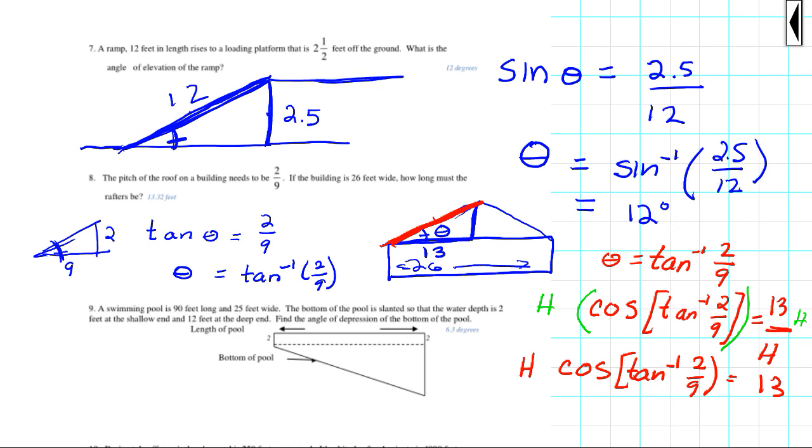So we end up with the hypotenuse equal to 13 divided by the cosine of the inverse tangent of 2 over 9. And we end up getting 13.32 feet.